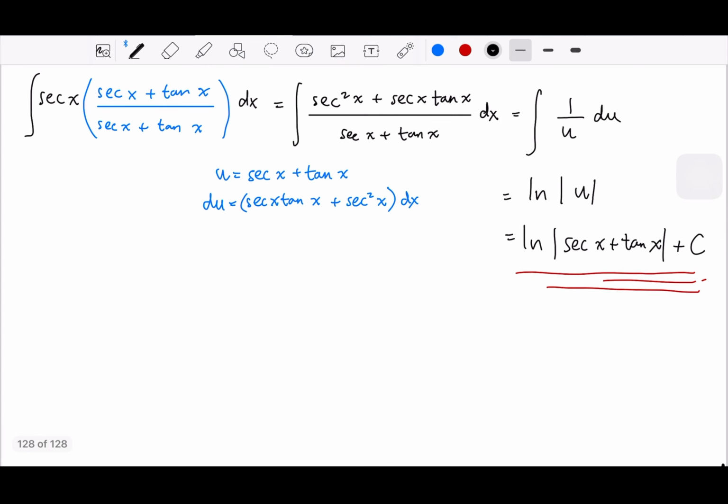Okay, the next part, we know the integral of secant x, we know the integral of secant squared x. How about we get the integral of secant cubed? Okay, let me give you some time to try.